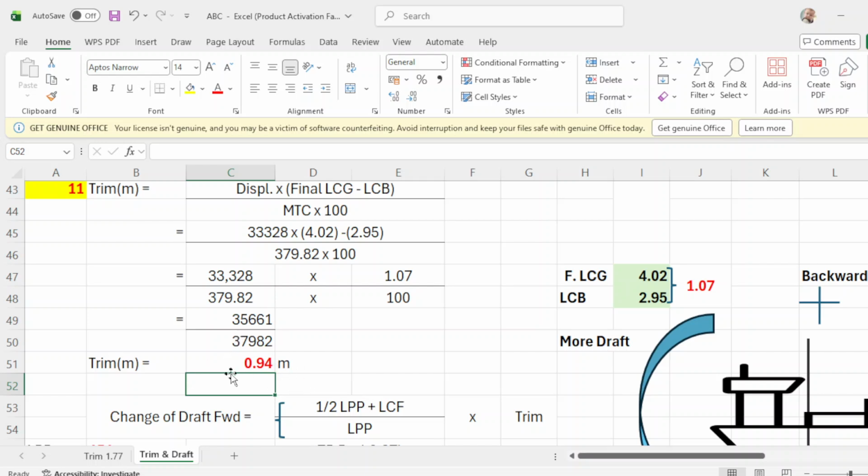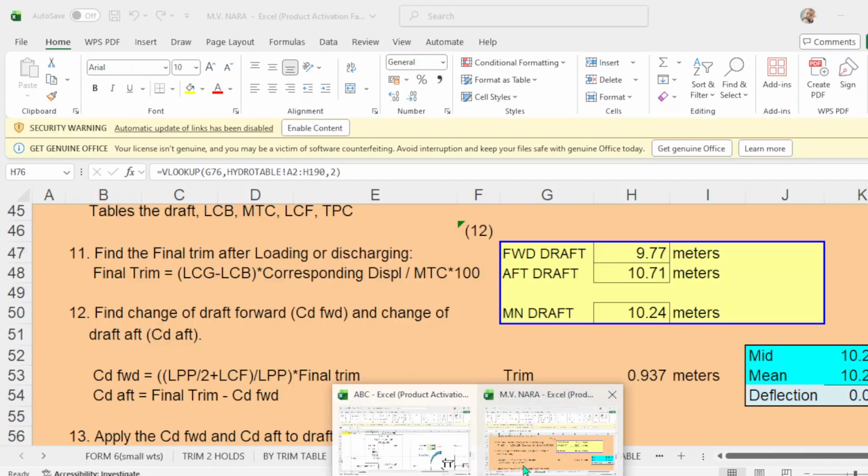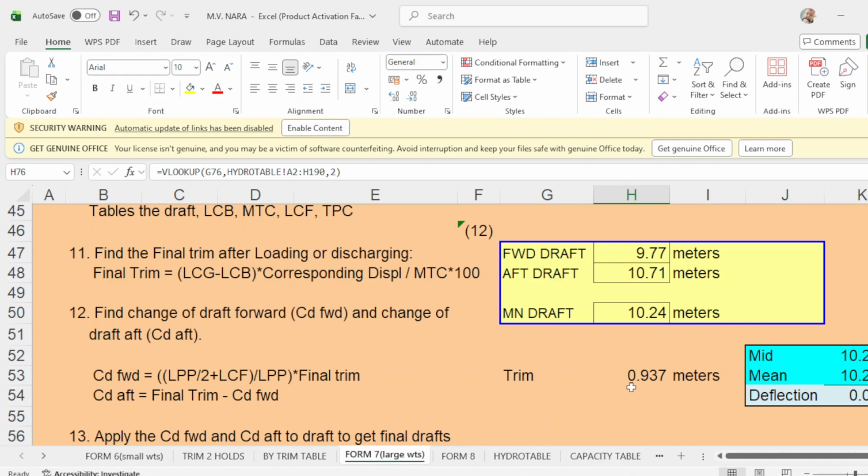This will be your corrected trim or change of trim. And the program trim is 0.937 or 0.94. Okay, that is number 11, this one.